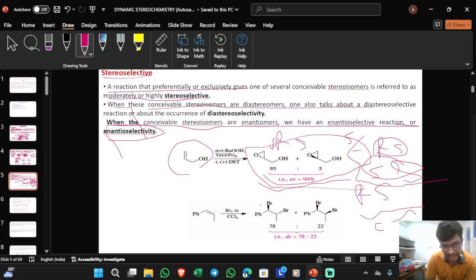Same example, R and S. In this compound, these are chiral centers and this creates a new chiral center. I assume this chiral center to be R; I did not actually calculate the RS, but I assume this chiral center is S.